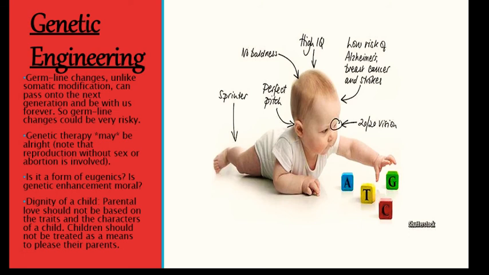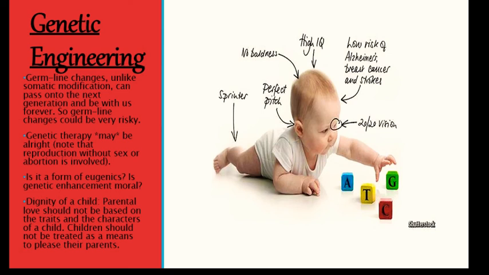Genetic engineering is the new thing. Genetic engineering includes germline changes and somatic modifications. Germline changes, unlike somatic modifications, can pass on to the next generation and be with us forever. So it's an interesting one.